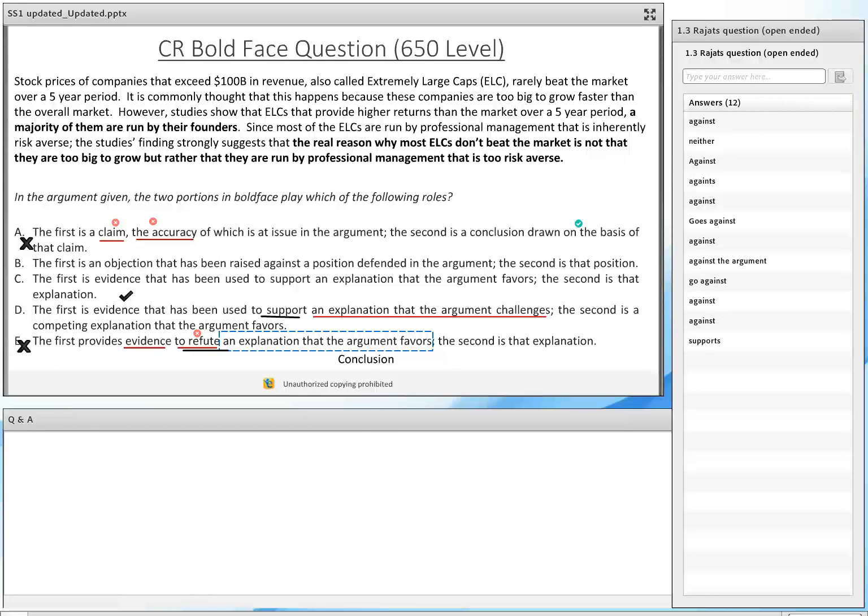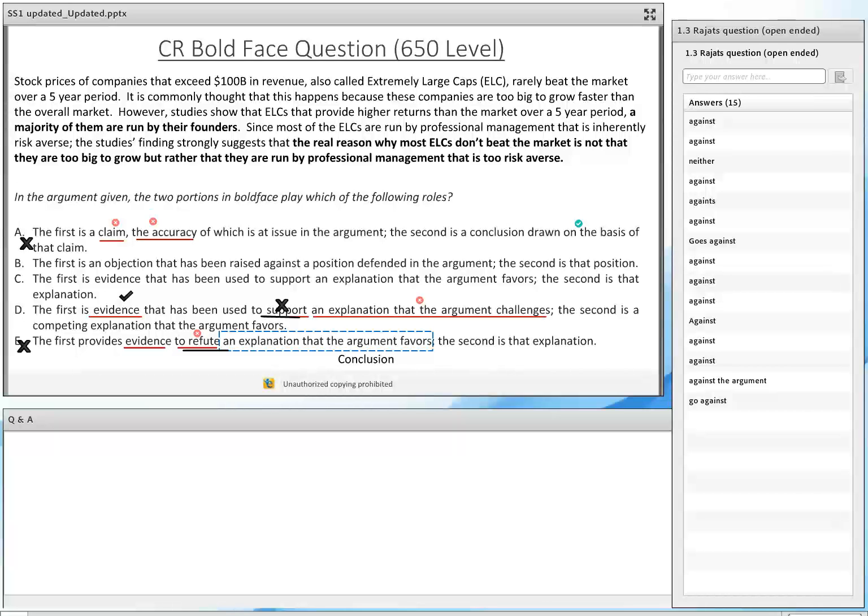In fact, there are these companies which are run by their founders that grow faster than the overall market. So ELCs aren't too big to grow. It's just that they're run by the wrong management. And because of this part, choice D for delta is wrong, which brings us to the correct choice, which is C.